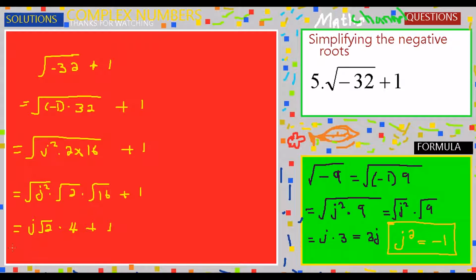Rearranging this one, you can write it as 4 root 2 j, then plus 1. So this is it.